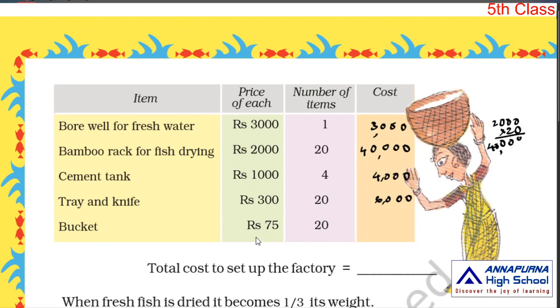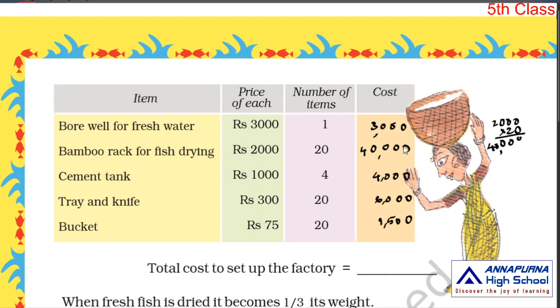Like that 20 times 75 is how much? 1500 rupees.